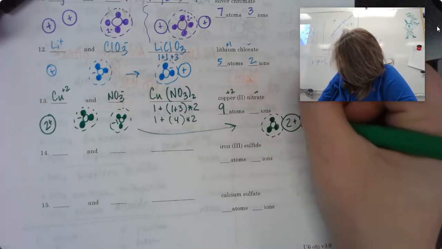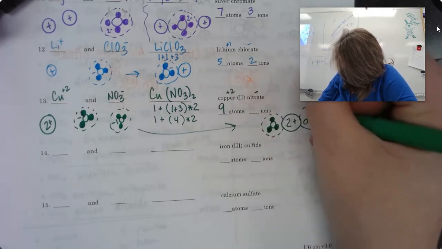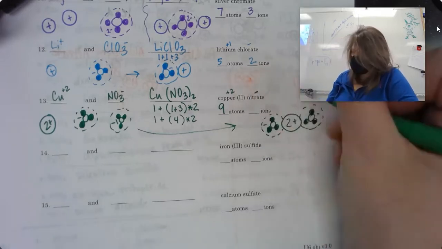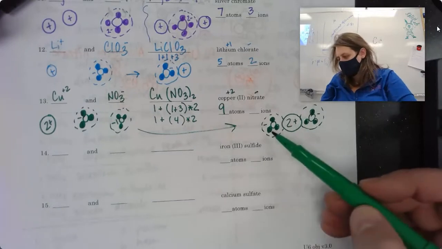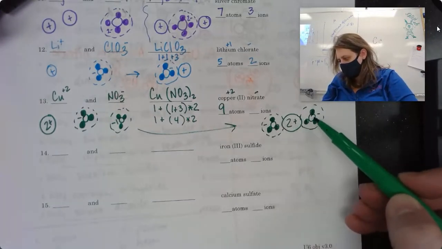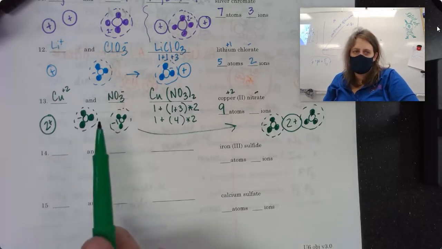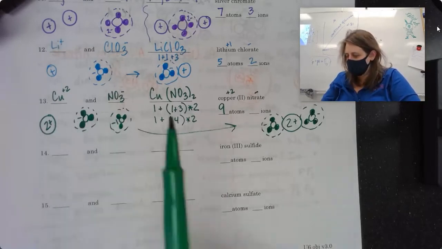Minus, minus. So if I count my number of atoms, I've got 1, 2, 3, 4, 5, 6, 7, 8, 9. For ions, I need to count how many individual ions I have all the way over here on the side. And I've got 1, 2, 3.